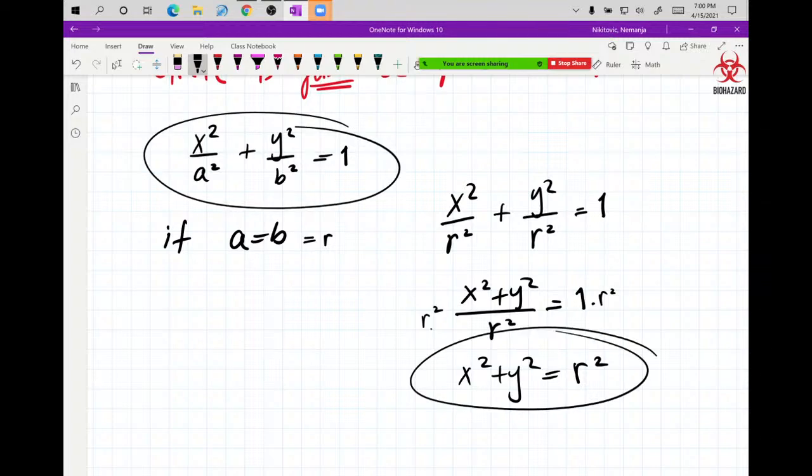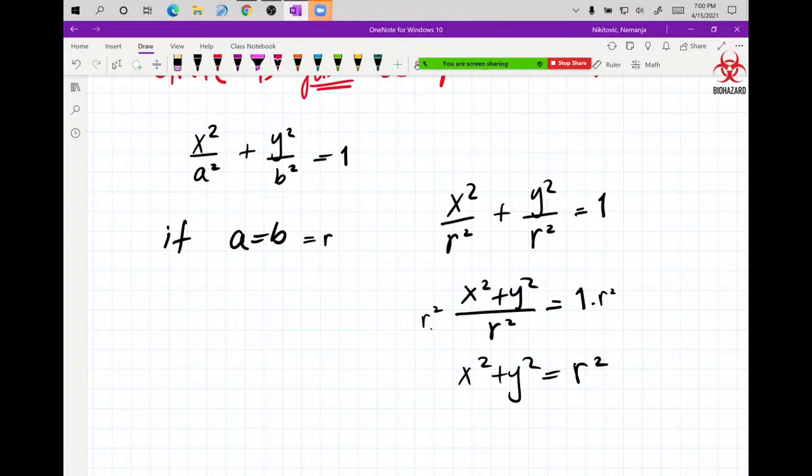Ellipse, circle. So under this special condition, which is why circle is a special case of ellipse, under the condition that minor and major axes are the same, you have a circle. Can you call it an ellipse? Yeah, sure, you can call it an ellipse. But it is a circle. That's the name we gave.